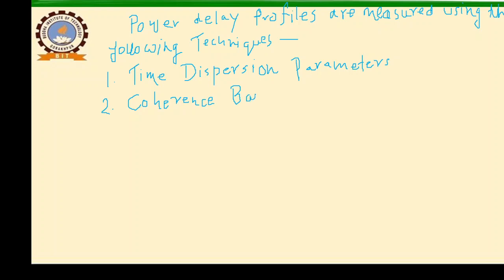The third is Doppler spread and coherence time.